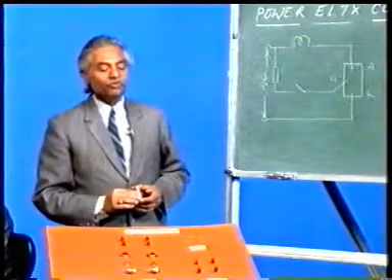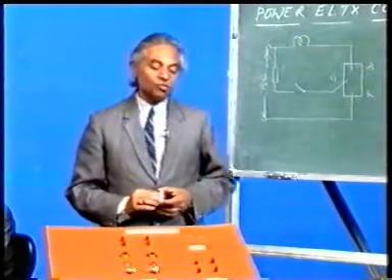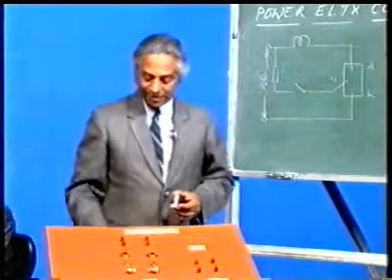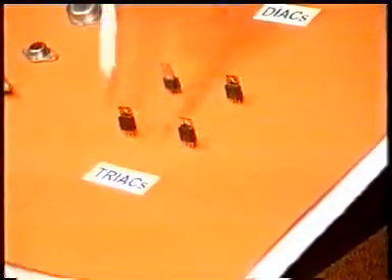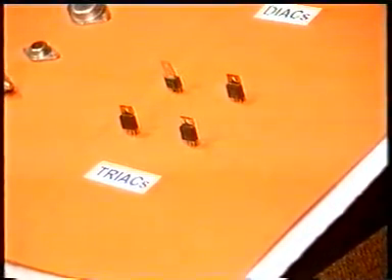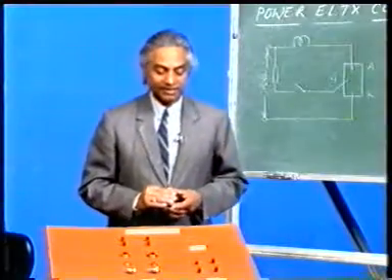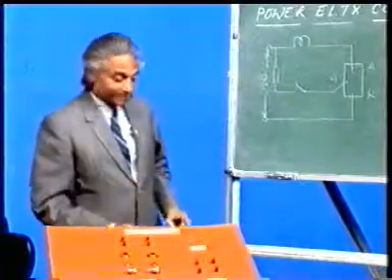Now, you will find here that the Triac is only found in the plastic pack. Look here, this is only plastic pack, and there is no metal pack in case of Triacs. Let us see what is a Triac.